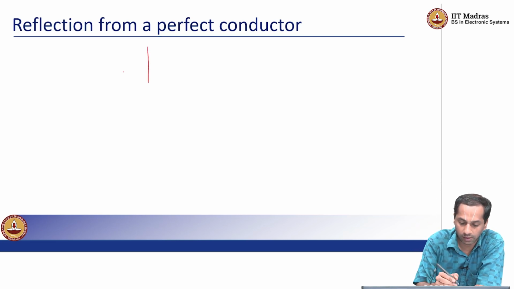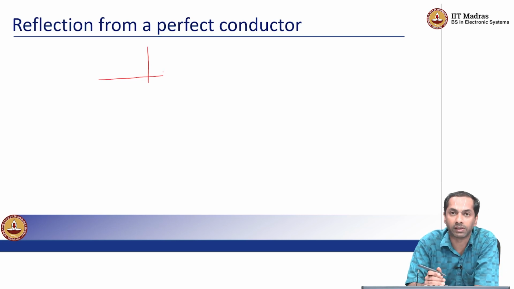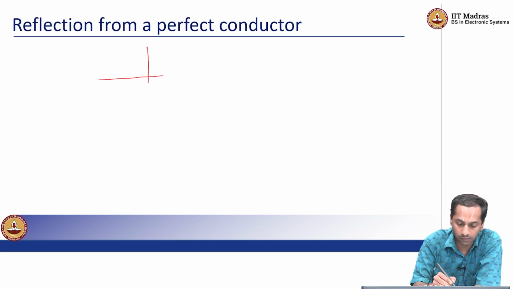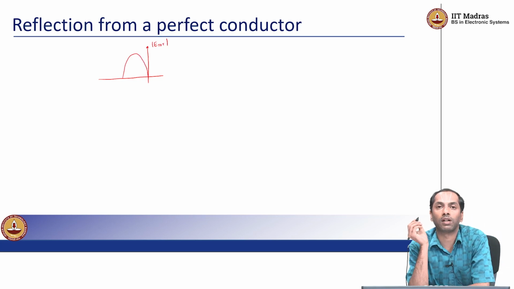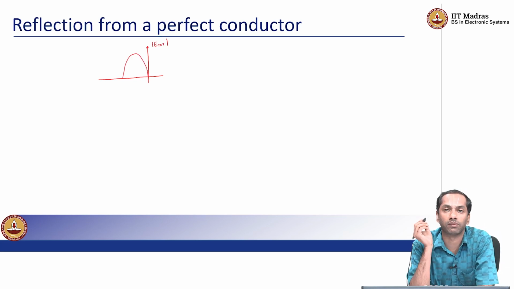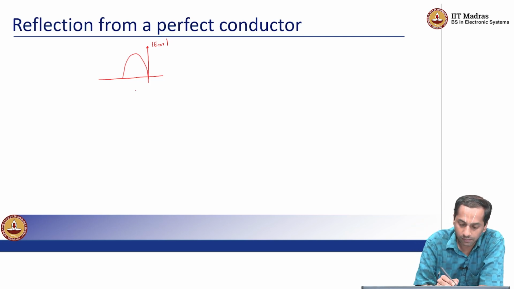So, we noticed for the case of perpendicular polarization, the E total had this kind of a cosine function, right. And this distance was lambda by 2 cos theta I.